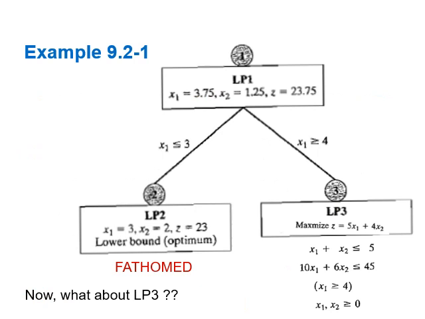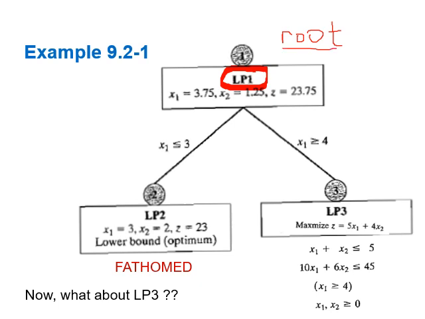We represent this branch and bound procedure graphically, in this way. So we start with LP1. Sometimes we call it the root node. The name is branch and bound, branch like the branches of trees, and this is the root of the branch.